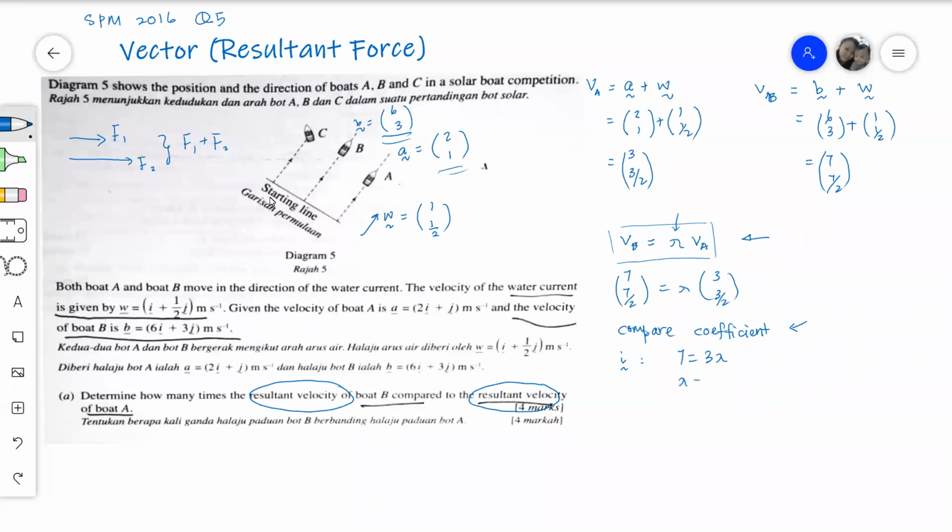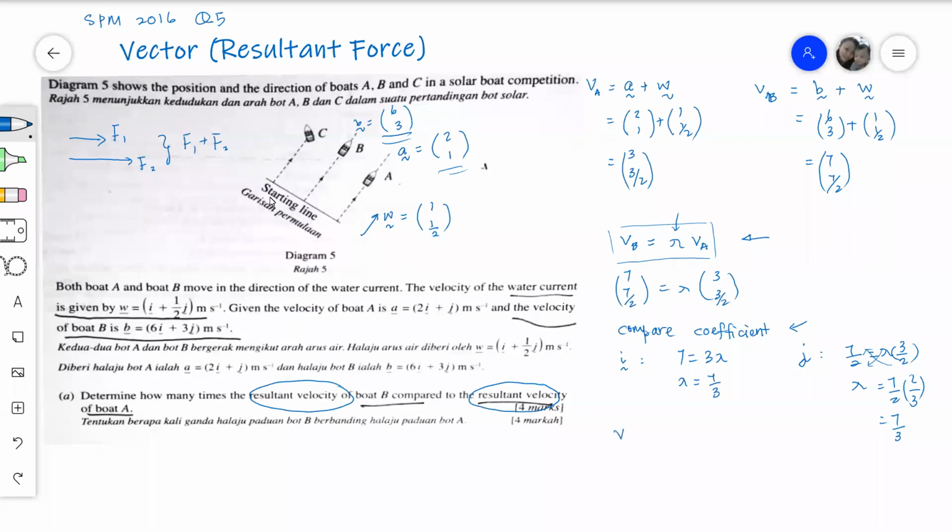So over here, lambda equals 7 over 3. And we can cross-check it with the unit vector in the direction of the y-axis. So we have 7 over 2 equals lambda 3 over 2, and therefore lambda equals 7 over 2 times 2 over 3. After we simplify, we get back 7 over 3.